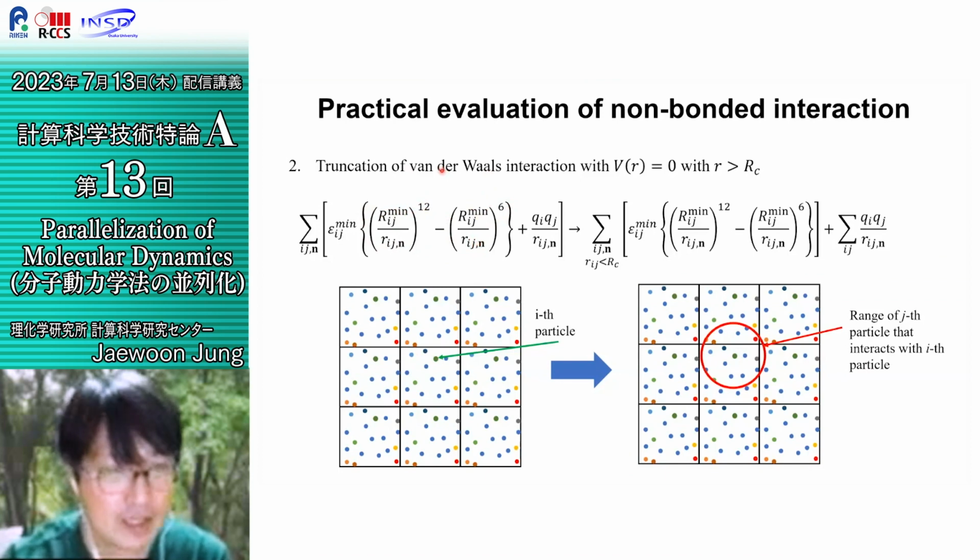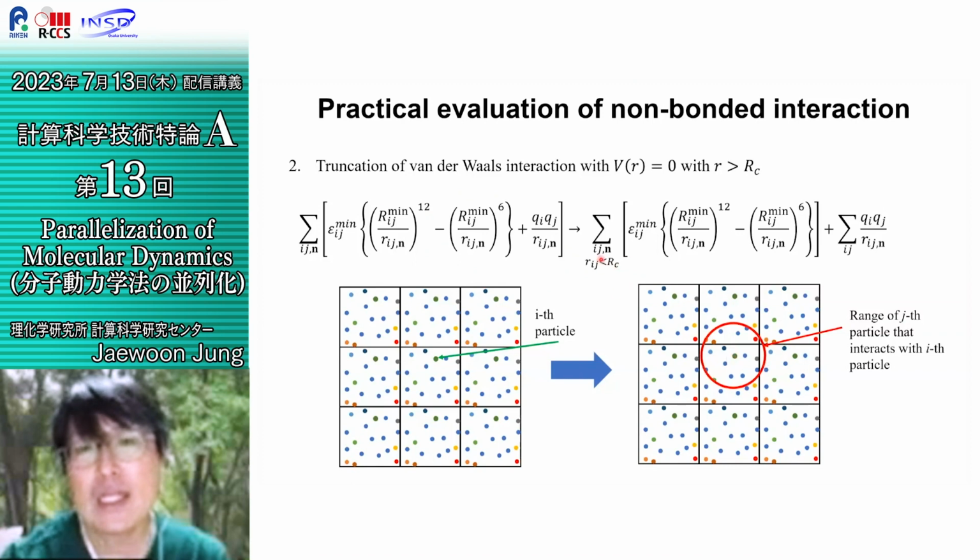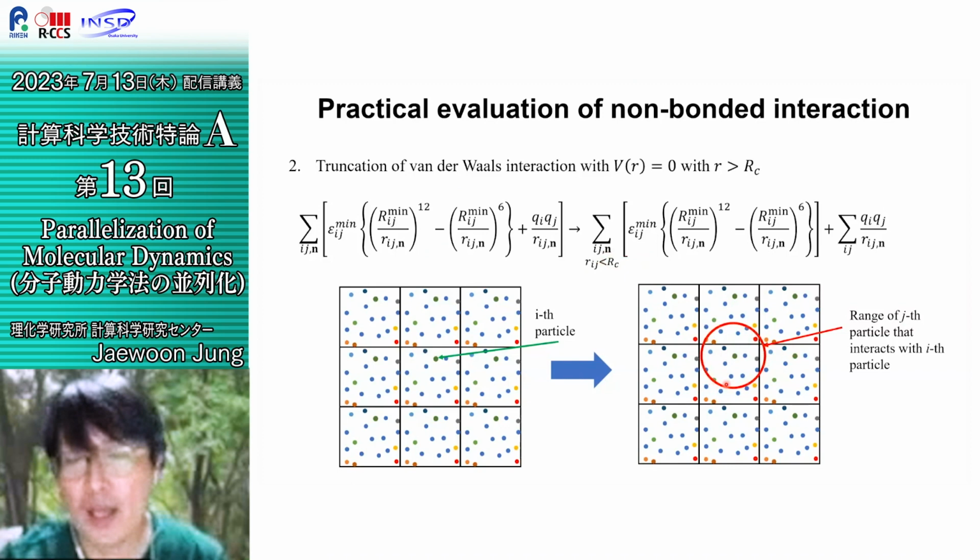So in this case, we can set a threshold value such that if the particle pair distance is longer than this, we do not calculate at all. Here, for this particle, we define this threshold value, and we evaluate the interaction only between this particle and particles within this circle. In this way, we can greatly reduce the computational cost.